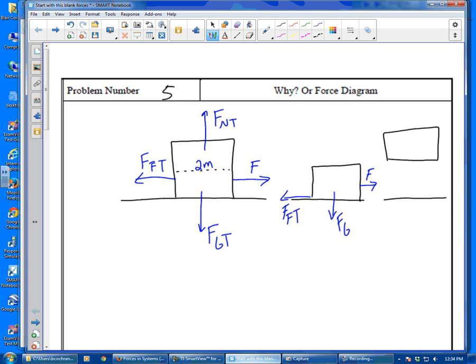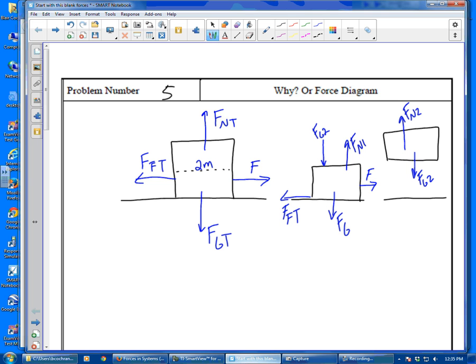I'd have a normal force, which I'm going to call Fn1. If the other block is sitting on it, that means it's pushing down, so I would have a force downwards on this one equal to Fg of block 2. The upper block would have a weight down of Fg2 and a normal force up of Fn2, right?